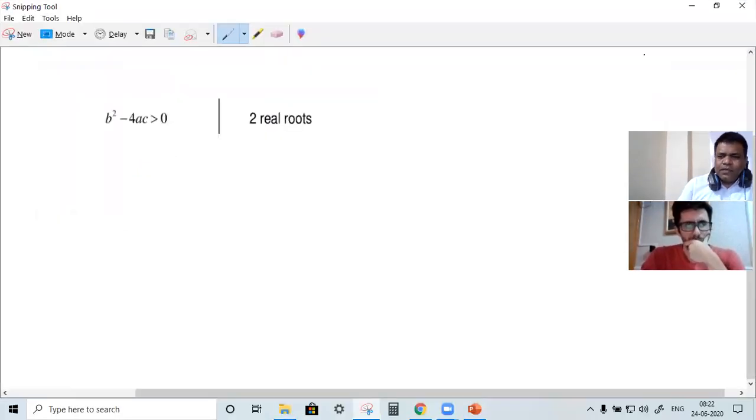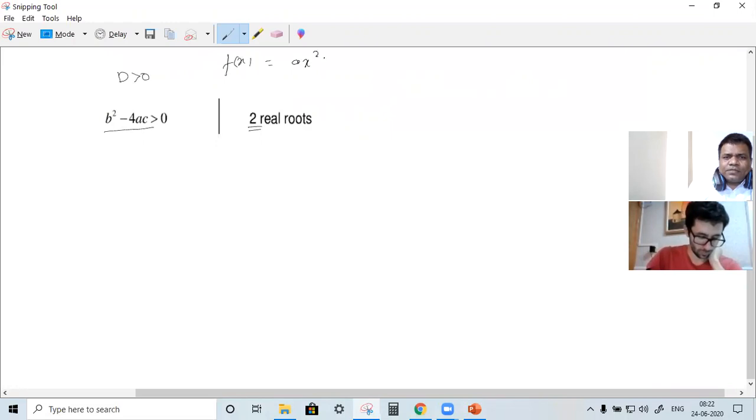I don't know, did I tell all this or not? So when I say discriminant D is greater than 0, we are getting two real roots. What is the meaning of two real roots? If you sketch the graph of f of x is equal to ax square plus bx plus c, which is nothing but quadratic equations, this also can be written as y is equal to.